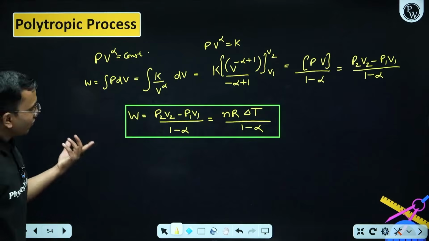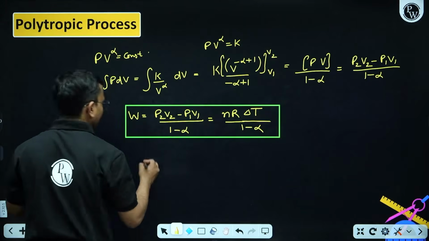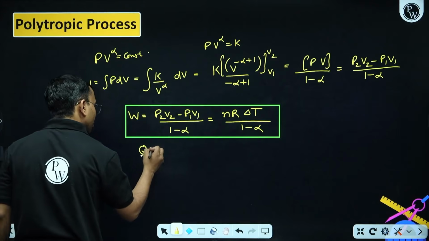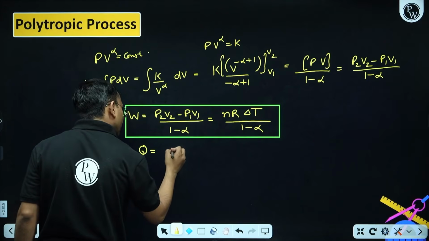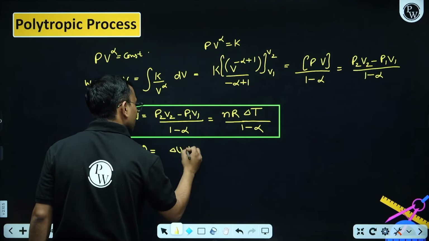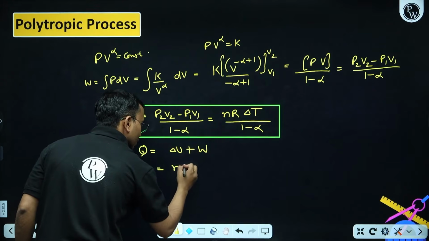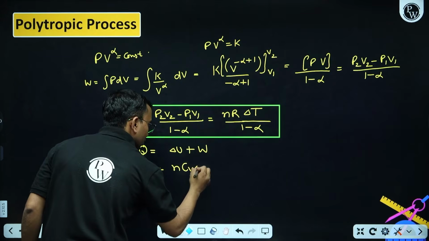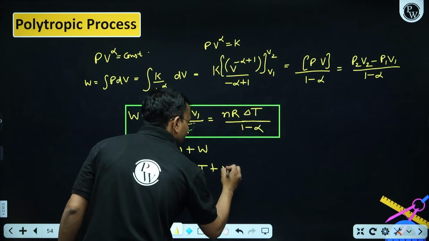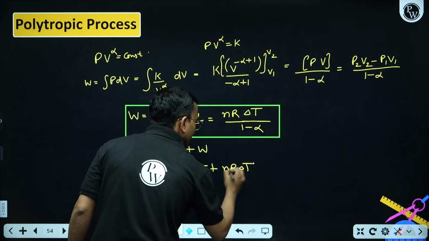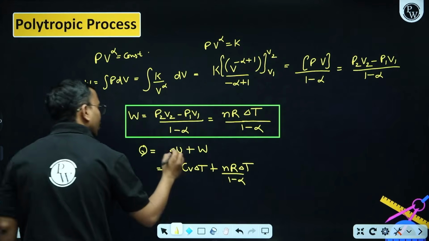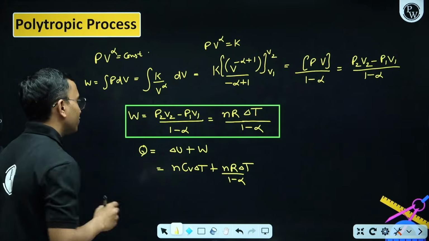Okay, so I got my work done formula, and what is Q? Q is delta U plus W. Delta U is always nCv delta T. Work done is nR delta T divided by 1 minus alpha. Cv is R upon gamma minus 1.